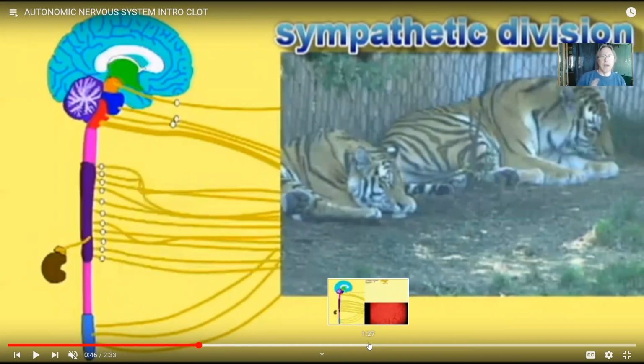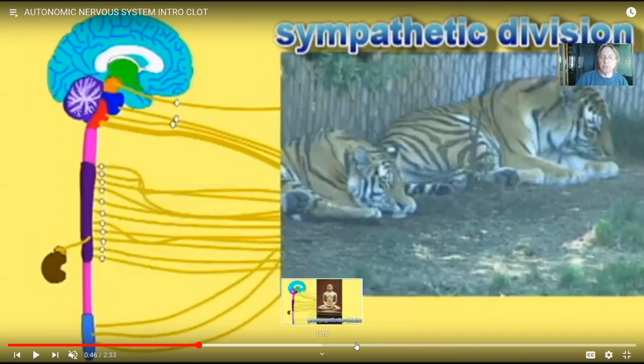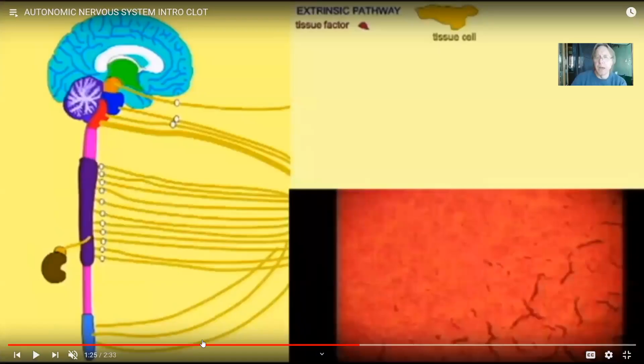Okay, so there are those anatomical differences. What are the functional differences here? Well, I have a video which goes through all of them. This is just a very, very quick synopsis. In the sympathetic division, we have clotting.